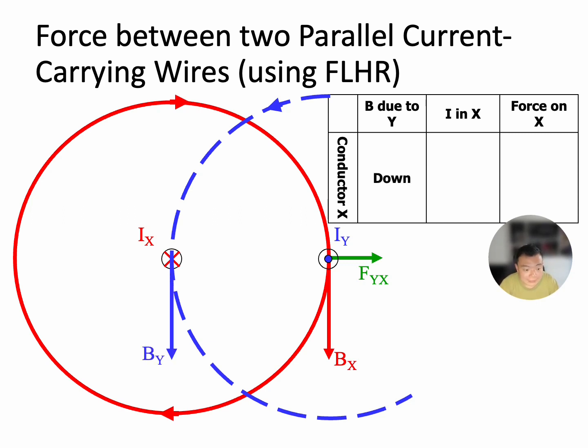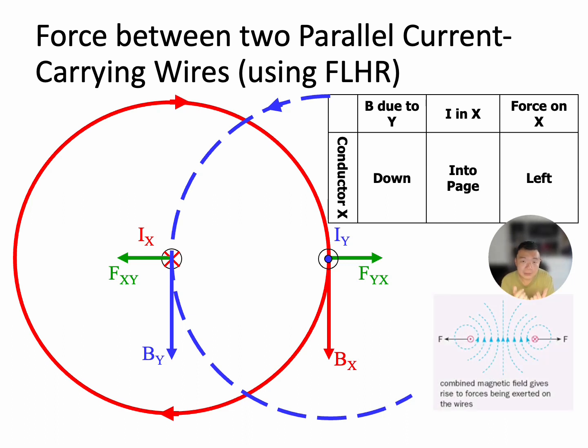And we can see that the direction of magnetic field that the first wire on the left experiences is downwards towards the bottom of the screen or the page, and the current in wire X is going into the screen or into your paper, and therefore by using Fleming's left-hand rule, the force on wire X is towards the left. Again, this shows the outward force between the two parallel wires, which is a repulsion force.